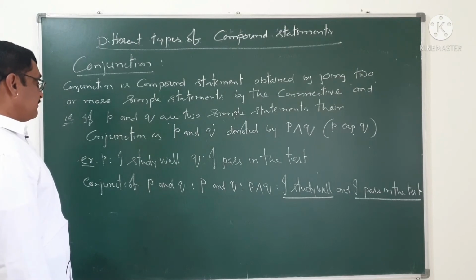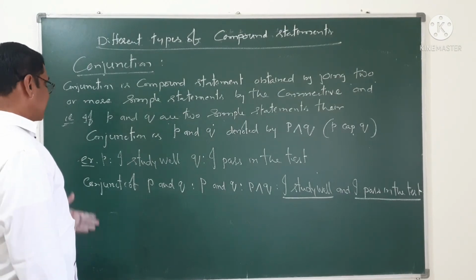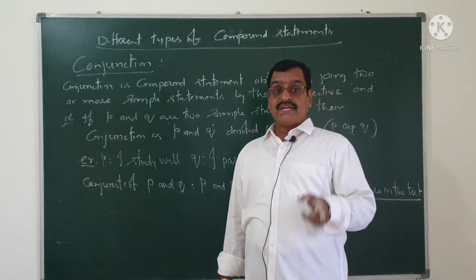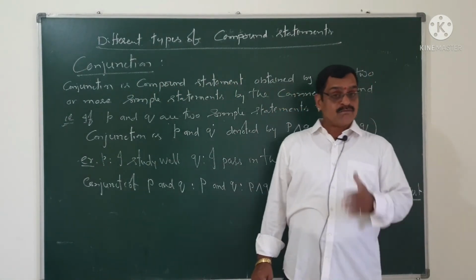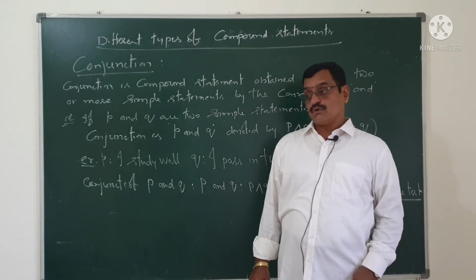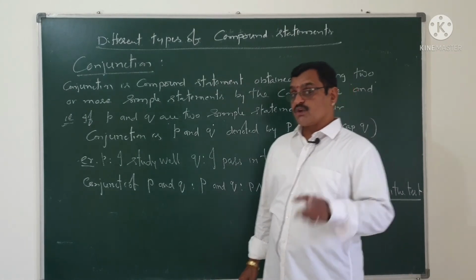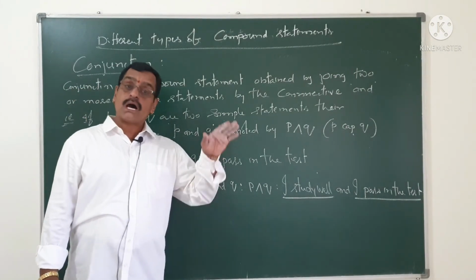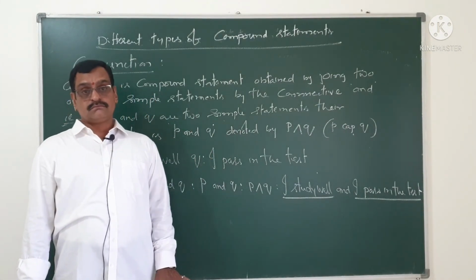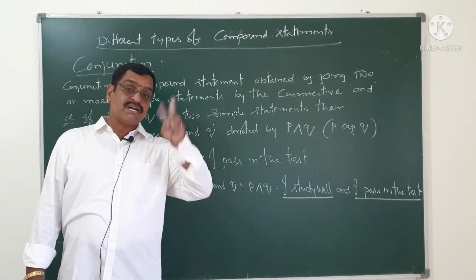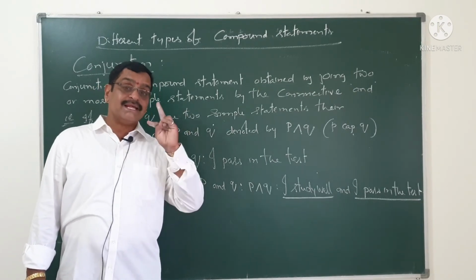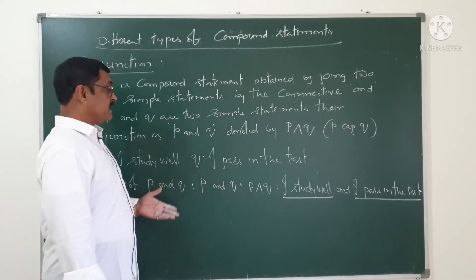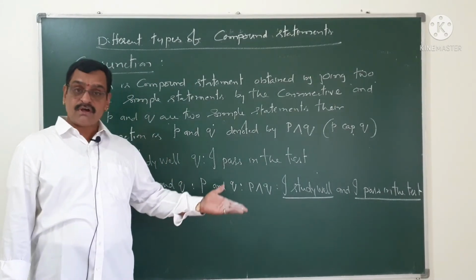Now, when will this conjunction of P and Q be true? I am joining with AND. So P and Q will be true if both P and Q are true. If both components are true, then only their conjunction is true. And in all the remaining cases it is false.